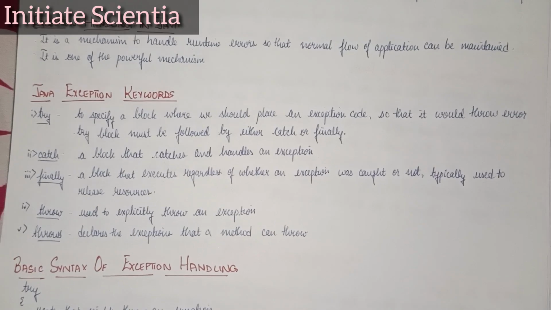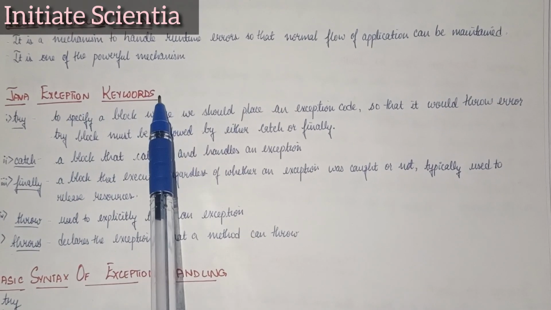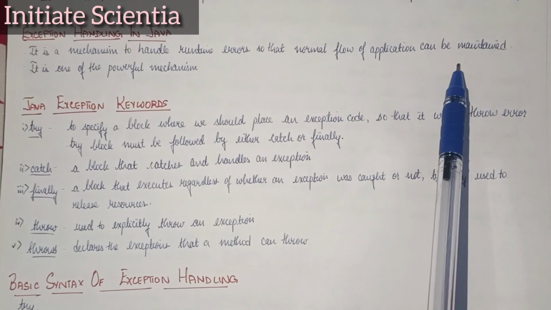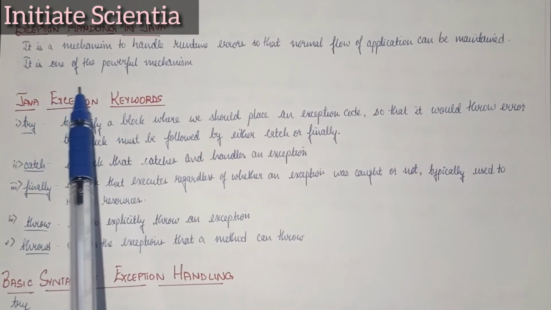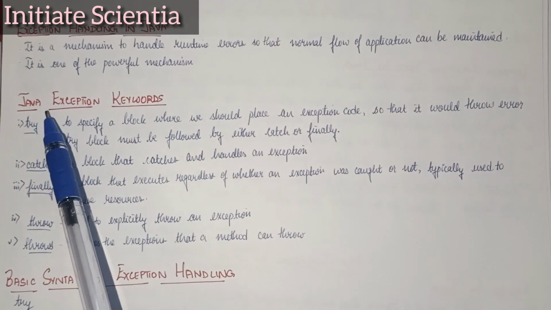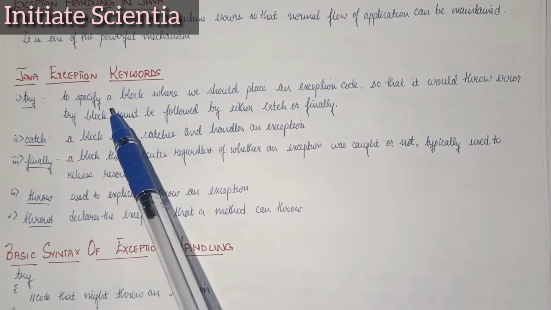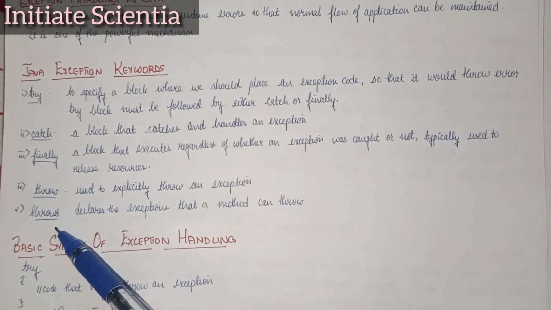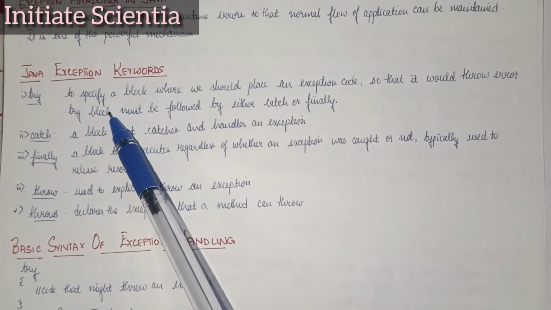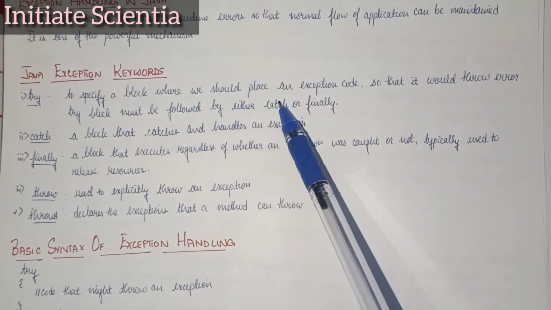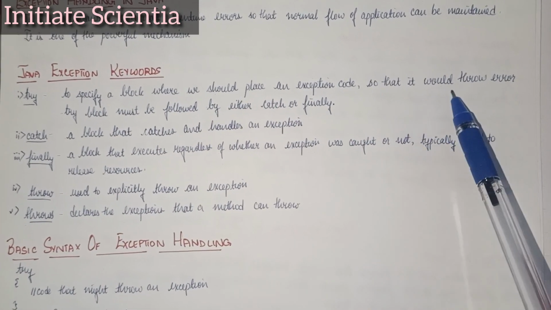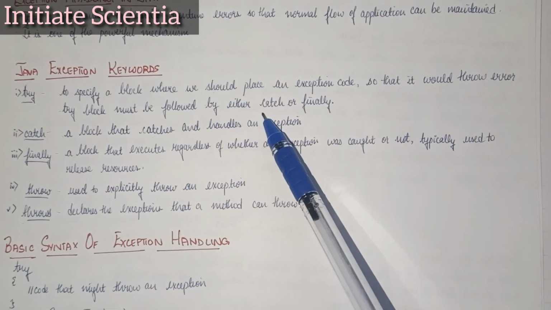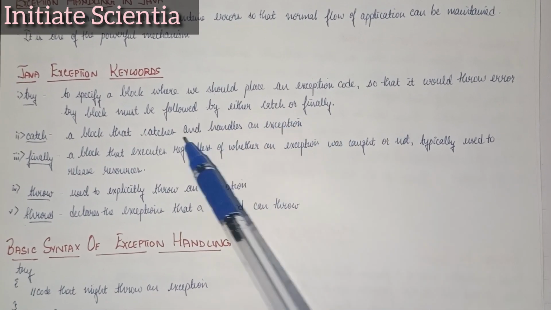Exception handling in Java. It is a mechanism to handle runtime errors so that the normal flow of the application can be maintained. It is one of the powerful mechanisms. Java exception keywords: try, catch, finally, throw, throws. Try. To specify a block where we should place exception-prone code. The try block must be followed by either catch or finally.